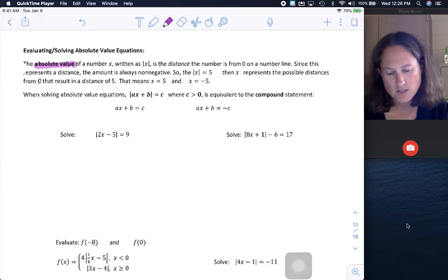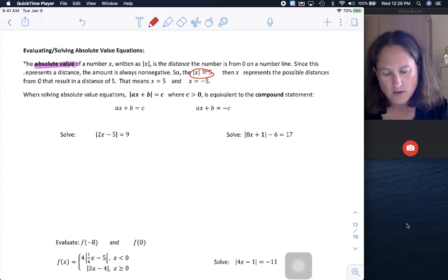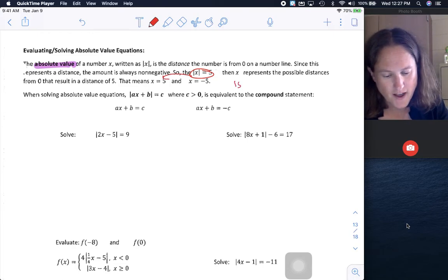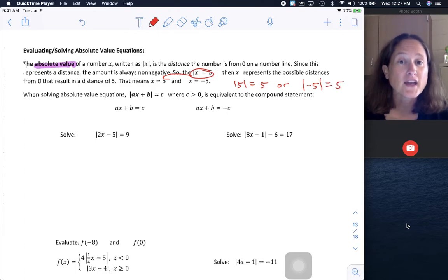An example here: if the absolute value of x is equal to 5, you get 2 solutions. x can be 5, because the absolute value of 5 is 5, or x can be negative 5, because both negative 5 and 5 are 5 units away from 0.